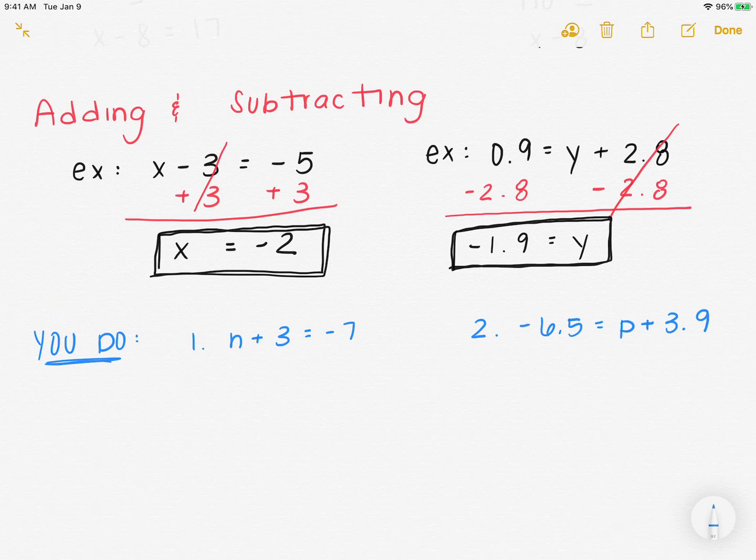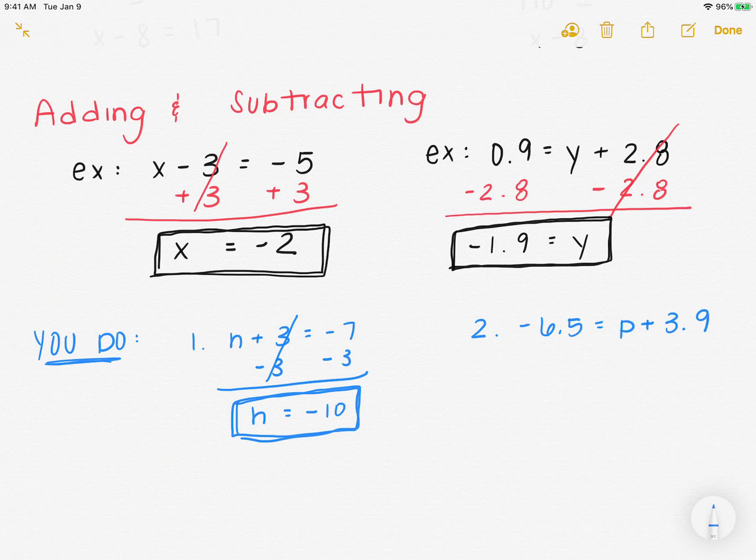What do I have to do on that first one? How do I get rid of a plus 3? Minus 3, right? So I subtract 3, and now my n is all by itself. And when I do -7 minus 3, I get -10. Then I was a little bit tricky and gave you some decimals over there.